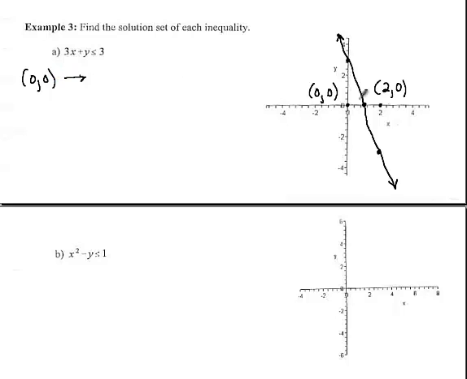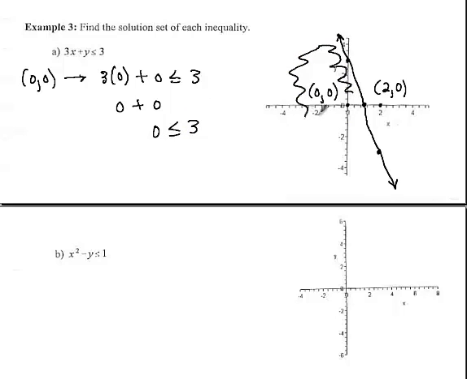If it doesn't work, then the other one's the solution. So for 0, 0, y is 0, x is 0, 3 times 0 is 0, 0 plus 0 is 0, and this one checks out. 0 is less than 3, and so this would be the region that we would shade.